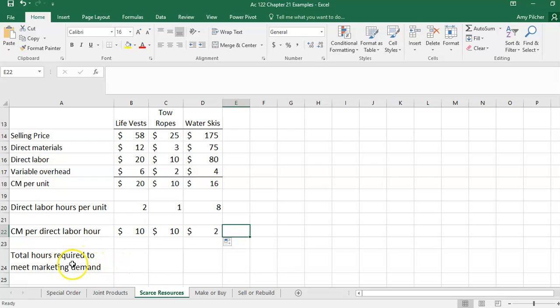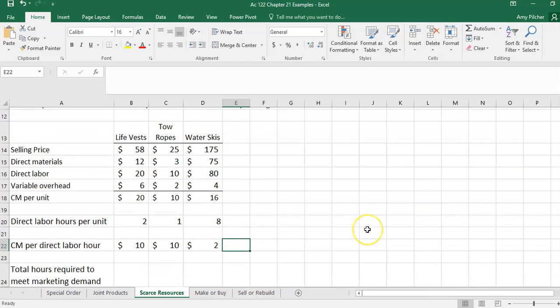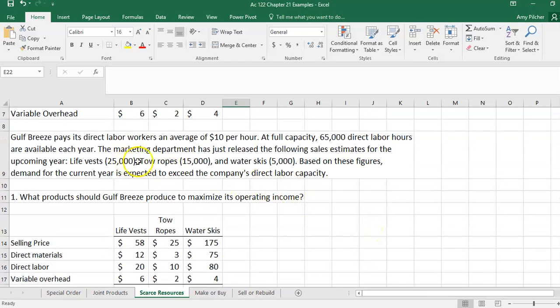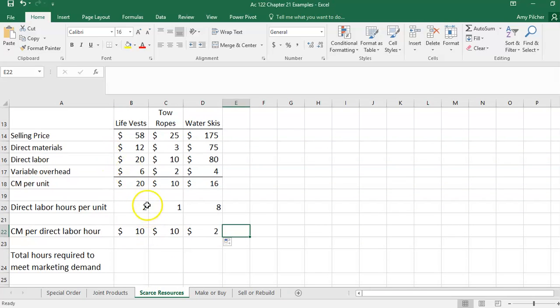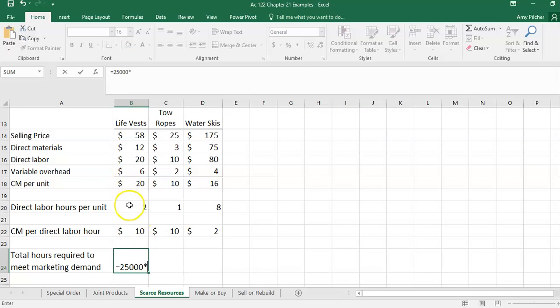Last, we want to look at how many hours are required to meet our marketing demand. So we have 25,000 life vests times 2 hours per life vest.